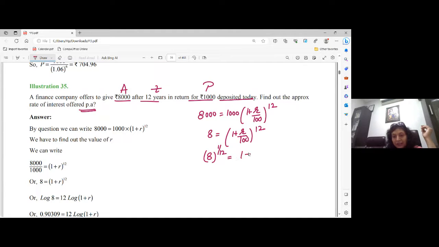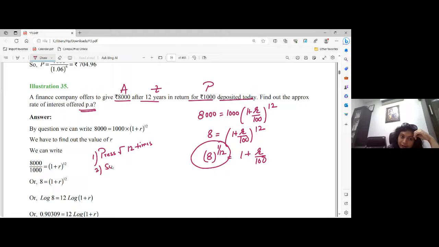But there is another formula. Whenever you have to find powers in this way, you have one method. First, press square root 12 times. Subtract 1.